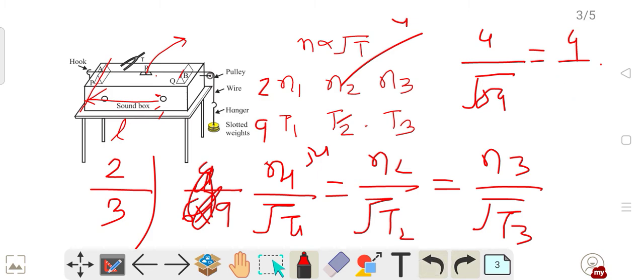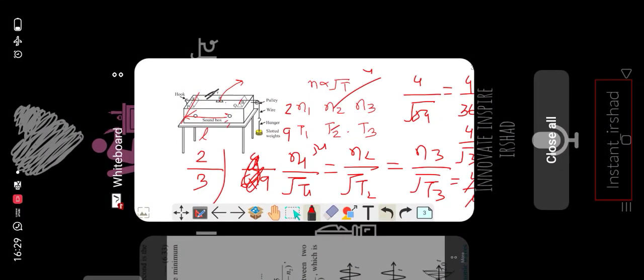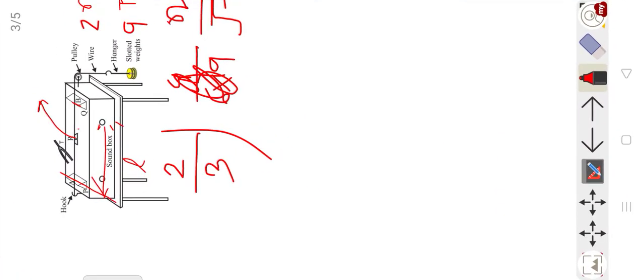It is not 4 upon 54, rather 36. N2 was coming 4 and T2 was coming 36. Then N2 upon root T2 is 4 upon root 36, which is 4 upon 6, and that is 2 upon 3 only, isn't it?